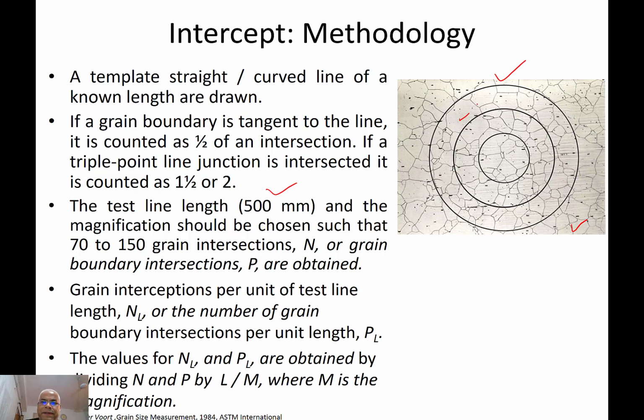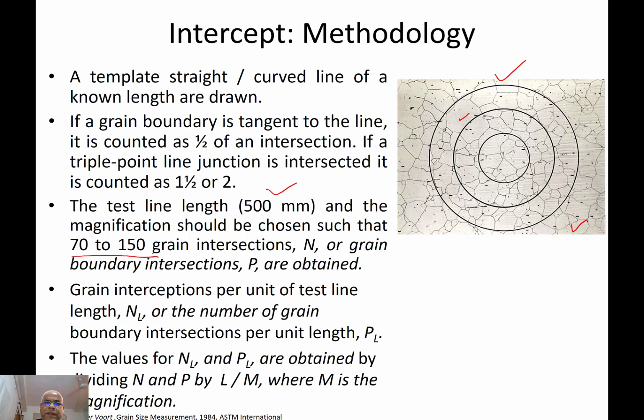A test line is used when a circular line template is used, and the magnification is adjusted in such a way that we get 70 to 150 intersections for better averaging.